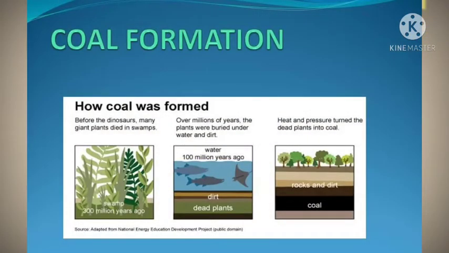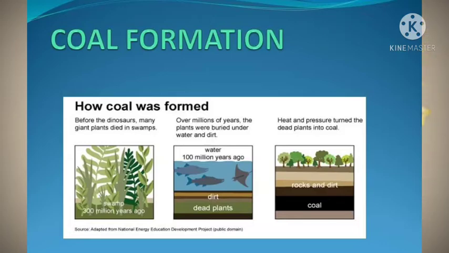Coal formation. So how was coal formed? Before the dinosaurs, many giant plants died in swamps, and this is called peat. Coal first forms as peat, which has high moisture content and relatively low heating value. Although peat is used as a source of energy, it is not usually considered as coal.